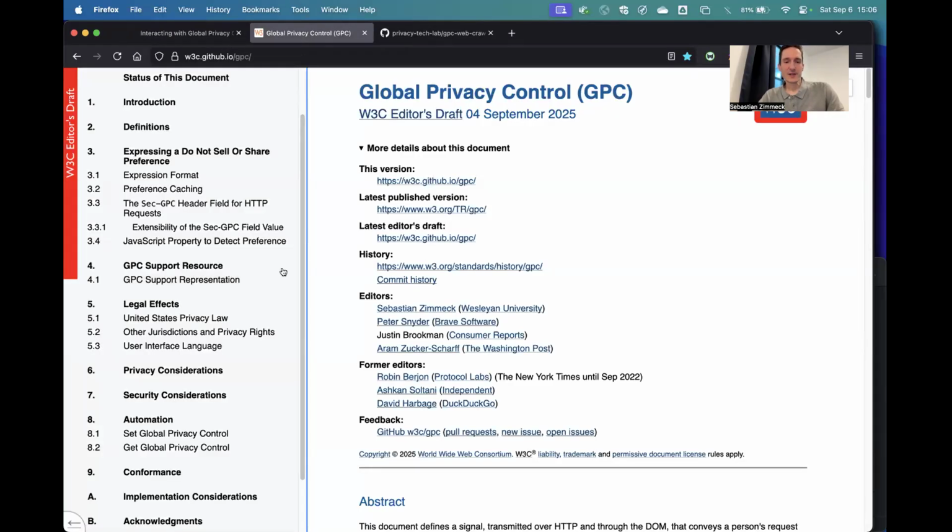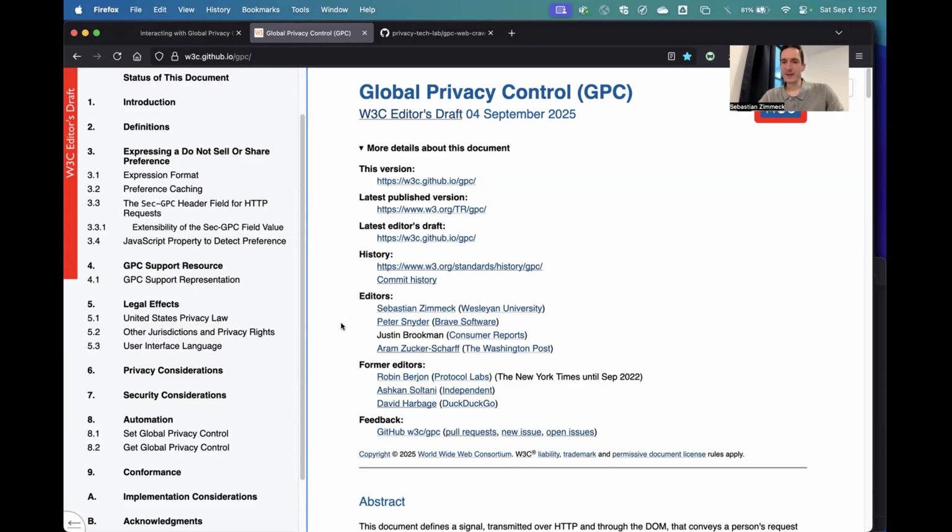This specification is currently under consideration at the W3C, and here you can find the exact details of GPC. What's important to note here is that GPC can have different meanings in different jurisdictions. For example, if you are a user in California, then GPC could mean to opt you out from the sharing of personal information as well as the selling of personal information.